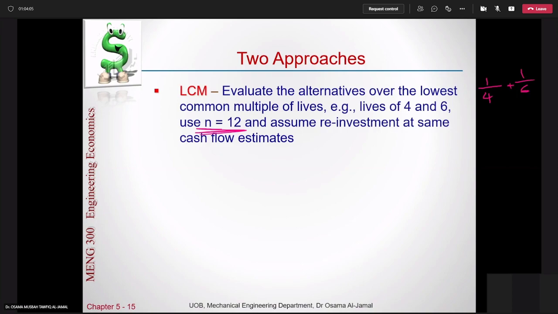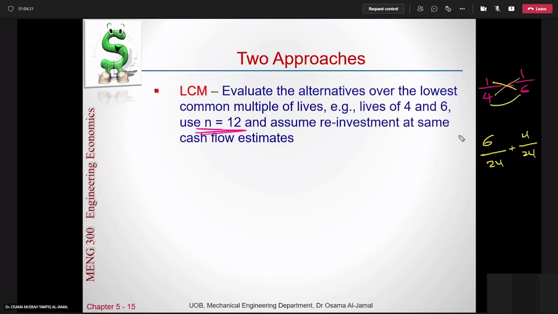Like what we did earlier, we multiply this by this and this by that, so it will be 6 over 24 plus 4 over 24. Can we simplify it more?